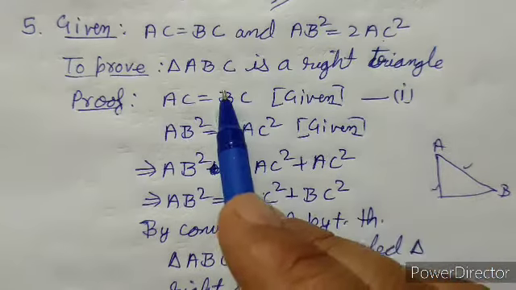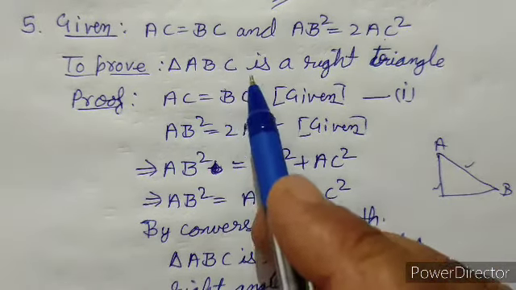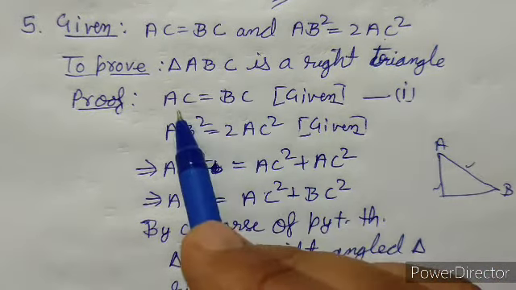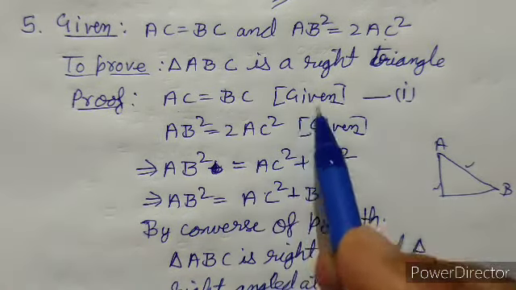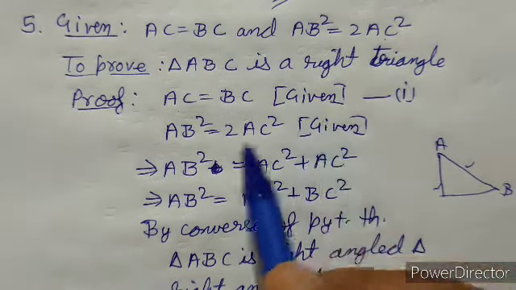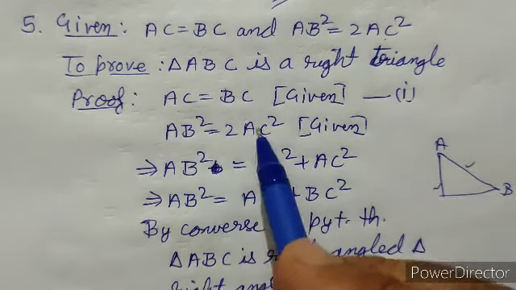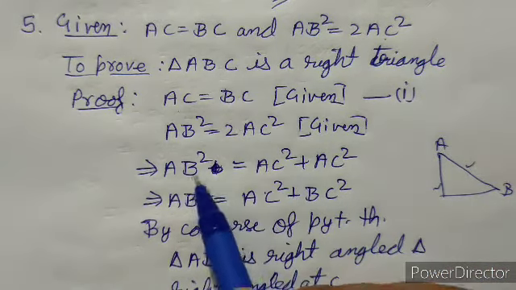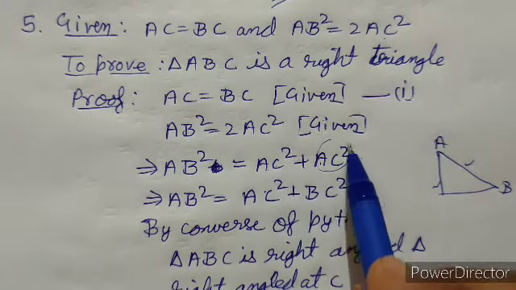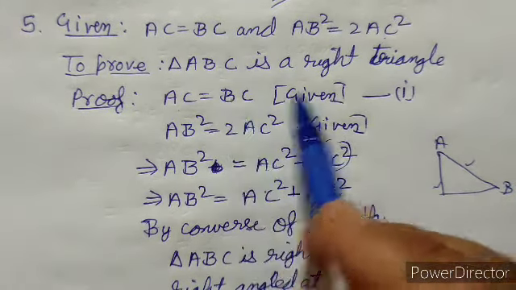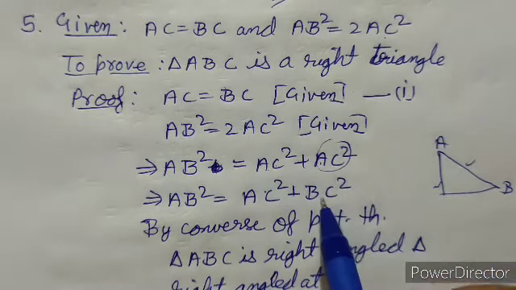We have to prove that triangle ABC is a right triangle. These two are given to us. Now AB square equal to 2AC square can be written as AB square equal to AC square plus AC square, and in place of AC square we can take BC square from equation first.